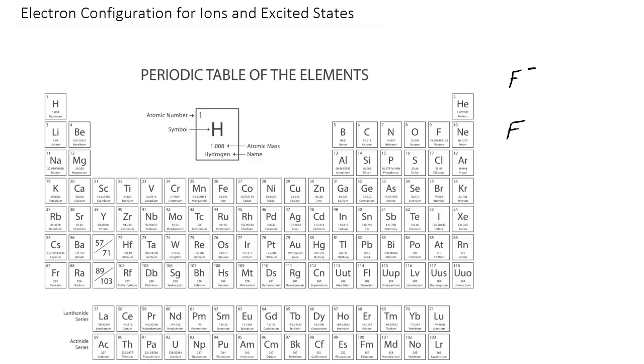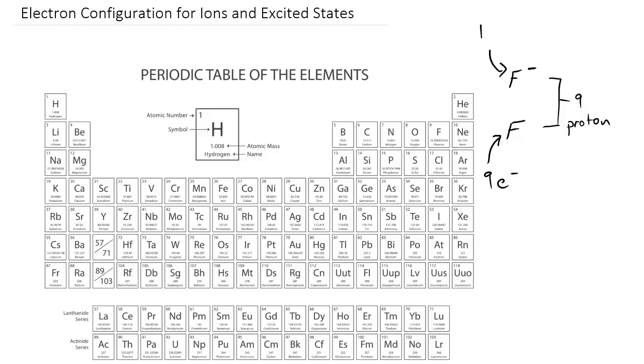So these are not going to have the same electron configuration, but they will still have 9 protons because proton number doesn't change. This fluorine here, which is neutral, has 9 electrons, whereas this fluorine here, which is an anion, negatively charged, has 1 extra electron, which is grabbed from the external environment to become more like neon.